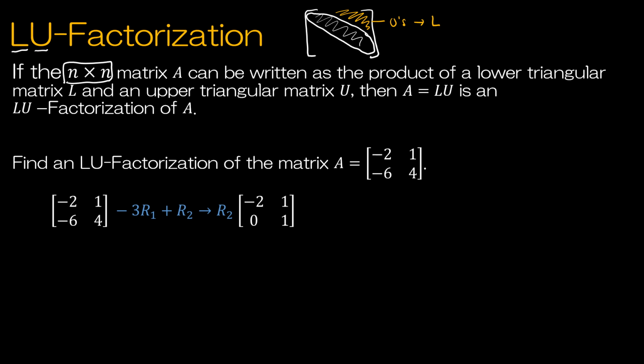If you have all of the zeros below, that's considered an upper triangular matrix because all of the coefficients occur above. So what we're trying to do is take a matrix A and rewrite it as the product of two matrices, one that is a lower triangular matrix and one that is an upper.